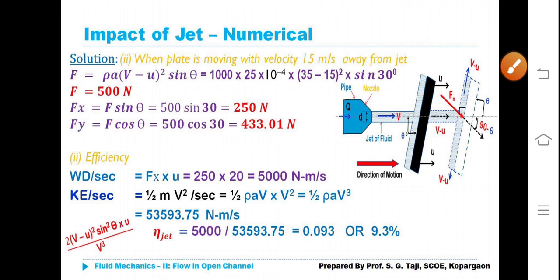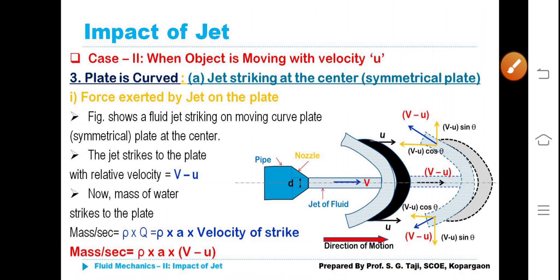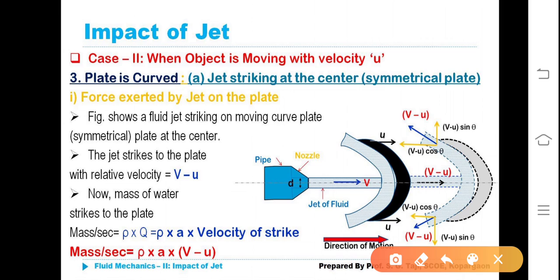In this class we will study curved plate when the fluid jet strikes the curved vane plate which is symmetrical as shown in the figure, at the center. Force exerted by the jet on the plate. The figure shows a fluid jet striking a moving curved plate which is symmetrical.